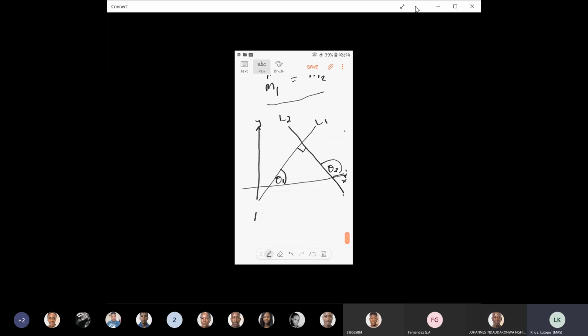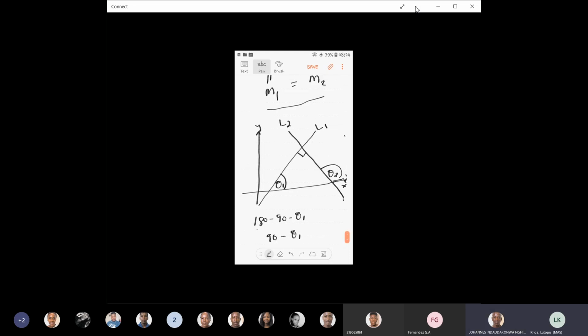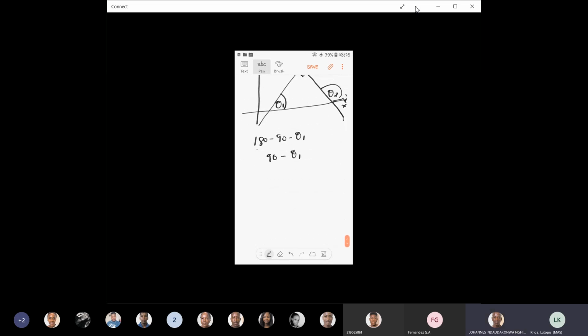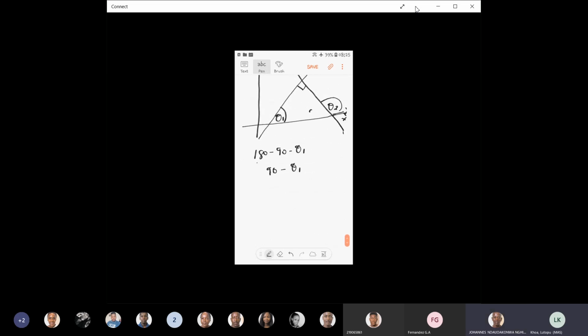This is just 90 minus theta 1, because 180 minus 90 is 90. So that's what I have over there.